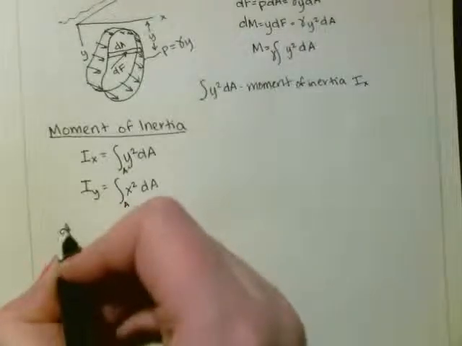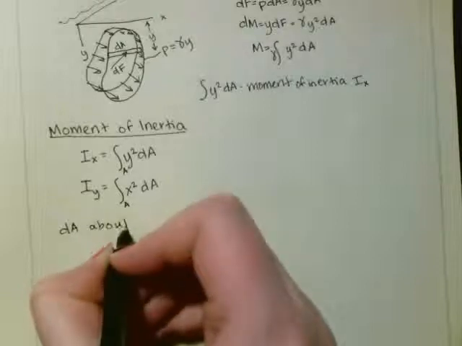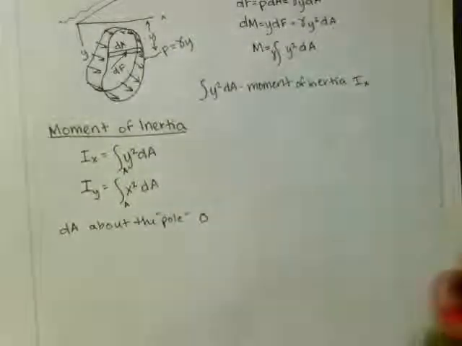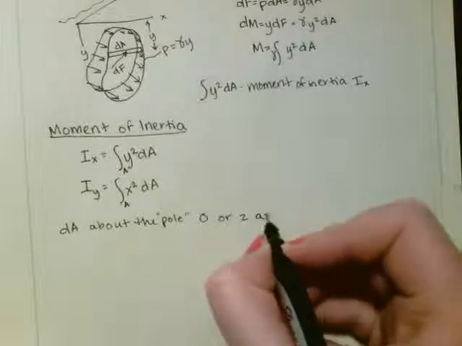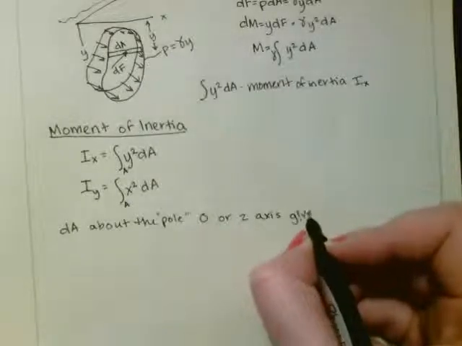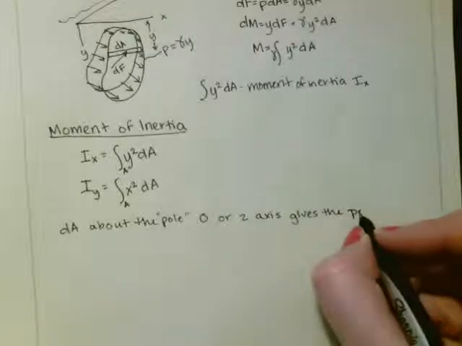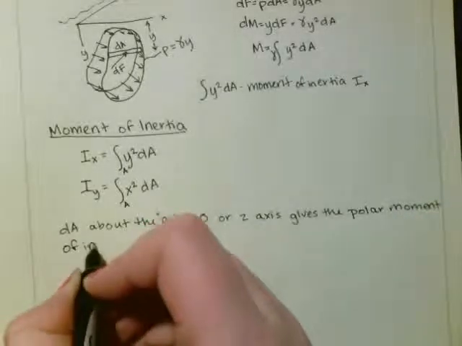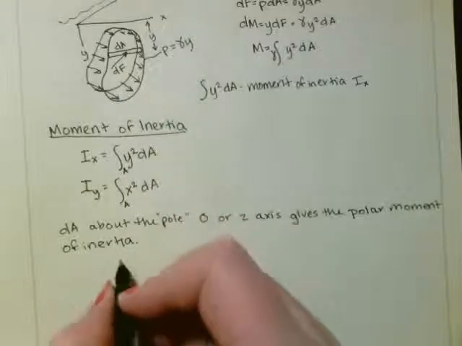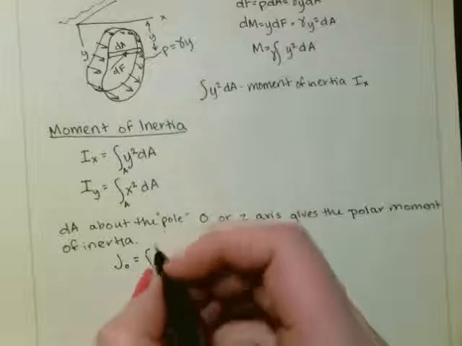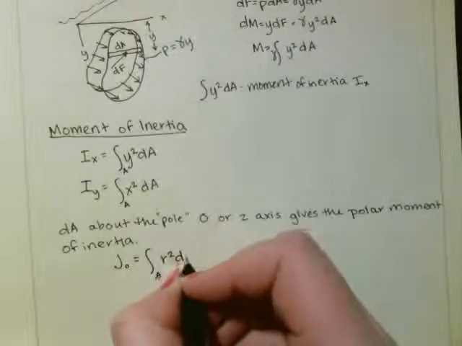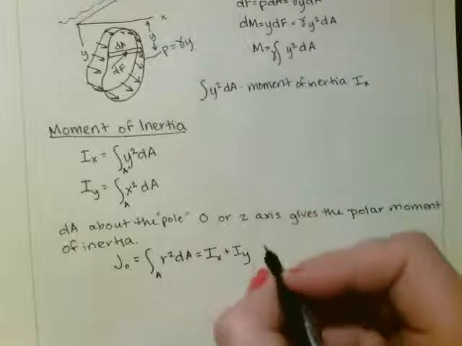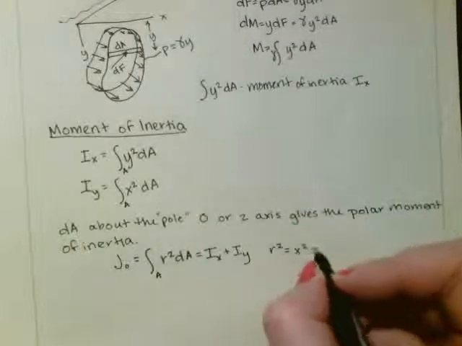And now, if you took dA about the pole O, or the origin, or z-axis, it gives you the polar moment of inertia, which is JO equal to the integral over the area of r squared dA, which is really just equal to Ix plus Iy. And r squared is equal to x squared plus y squared.